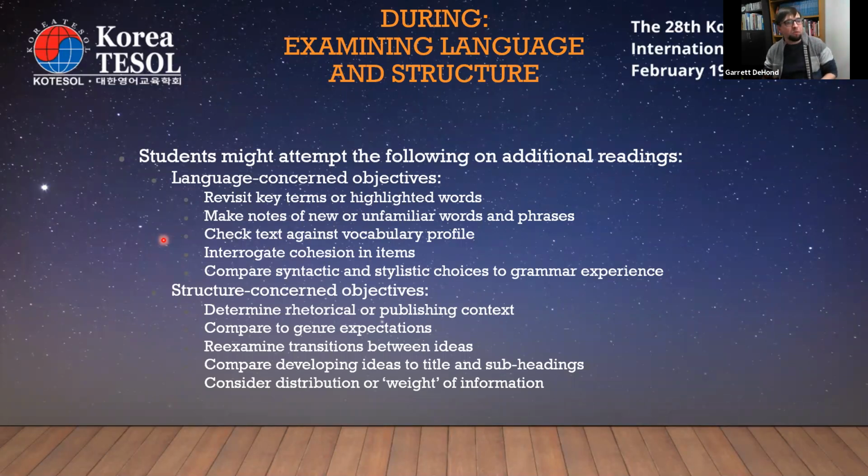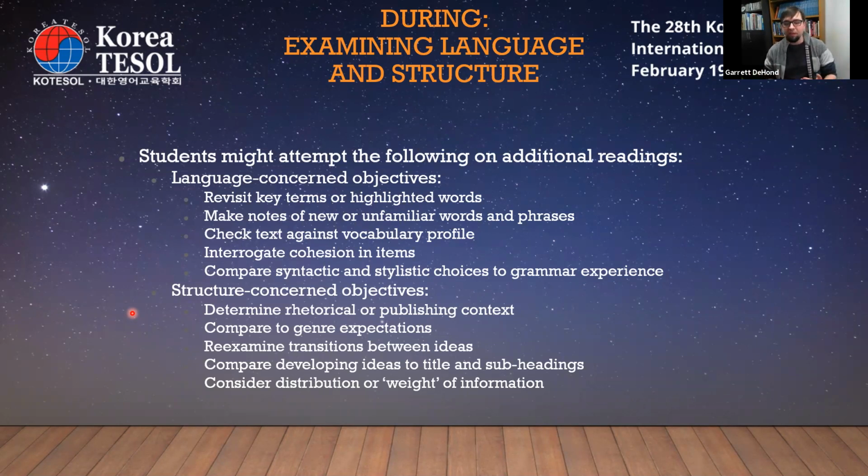And then when it comes to structure, how are students able to determine the rhetorical context or how it was published? How are they comparing to different genre expectations? Examining any transitions from idea to idea, comparing ideas to the title, to the subheadings, or even to other things like the pictures.